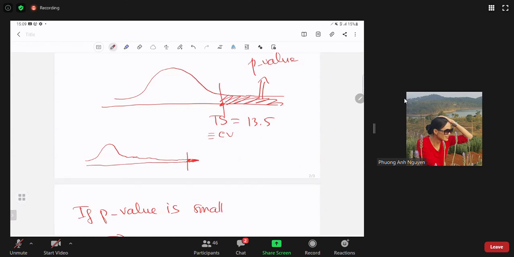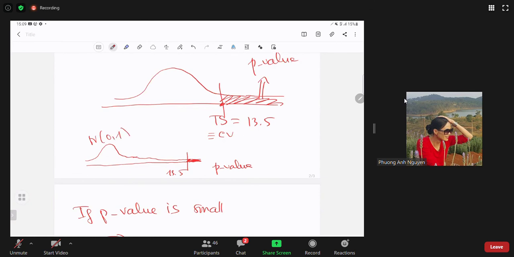Think about this again. For this case, because 13.5 is very far away like this, do you think the p-value here is small or big? I mean this specific case, if TS is 13.5.